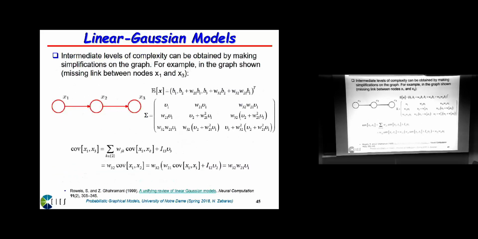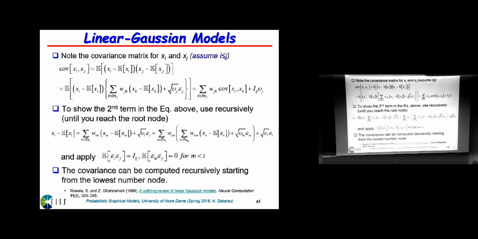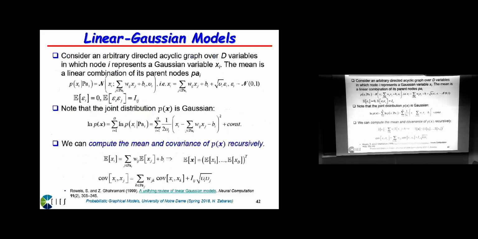So let me give you an example. If you have 3 nodes, let's look at the first equation, the expectation. Can you tell me where this equation comes from? I remind you of this nice equation: the expectation of any node i is the sum of wij times the expectation of the parents of i, plus bi.